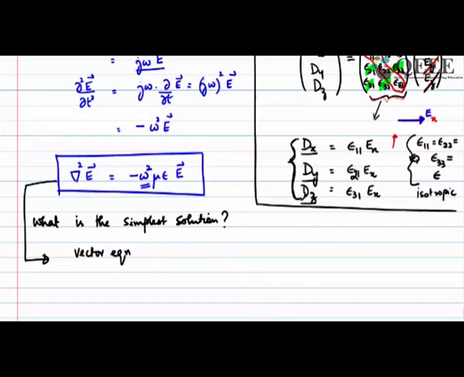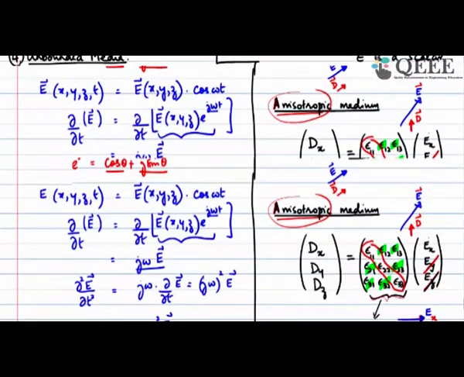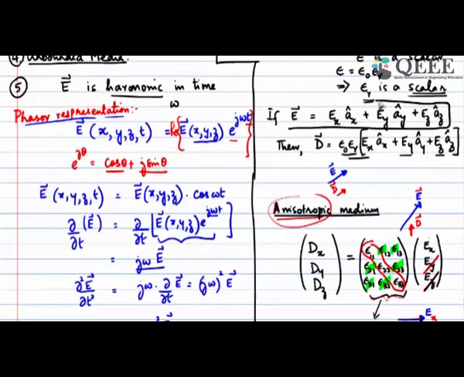Which means, as I wrote down earlier, my E actually has 3 components, Ex, Ey and Ez.